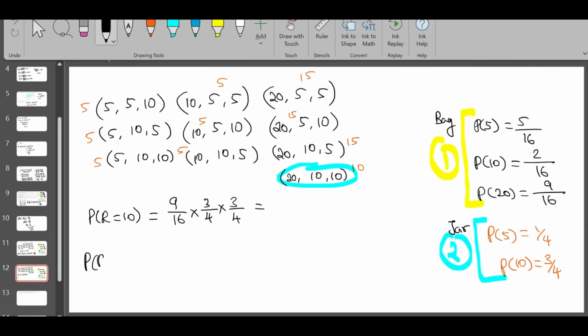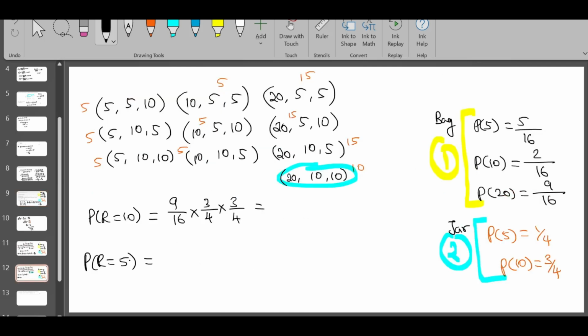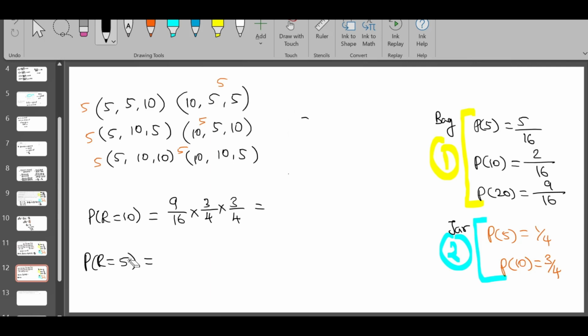Now P of R is equal to 15. Sorry, not 15, 5 actually. 15 we have here already. We can take this value. Now we need to find P of R is equal to 5. Okay, we are done with this also. 10 also we have already calculated. 15, it's already given in the question, so ignore the 15.